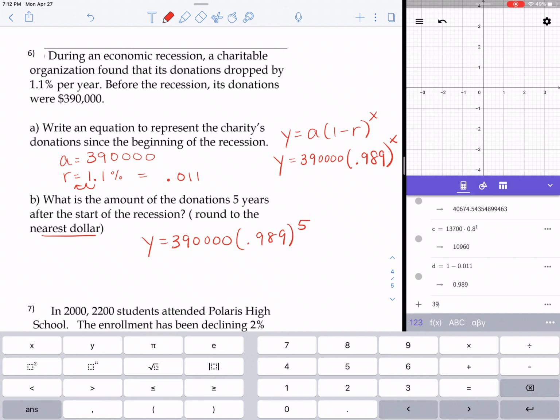So 390,000 times 0.989 outside to the 5th power, and I get 369,016.73, but it said nearest dollar, so the 7's going to make the 6 go up. So 369,017, if I put the comma, it's $369,017. Final answer.